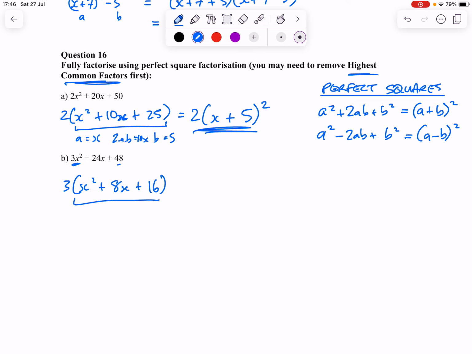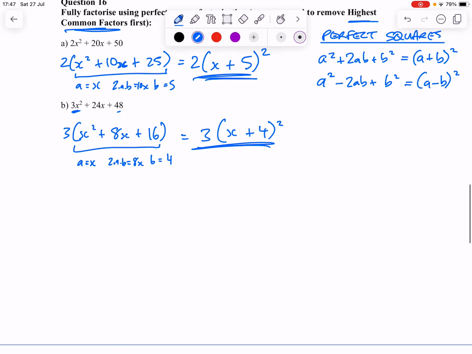Now, you have a set of brackets. A is x. B, what do I times by itself to get 16? 4. 2 lots of A, lots of B. 2 times A is 2x, times 4, 8x. So that fits perfect squares. So don't forget the 3, which is still on the outside. It's going to be x plus 4 all squared.